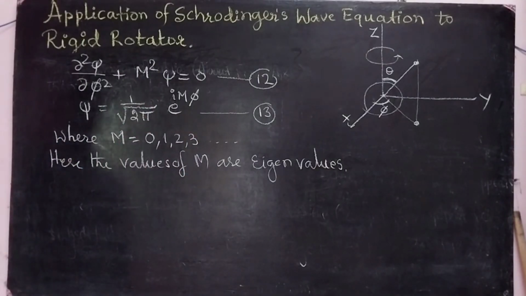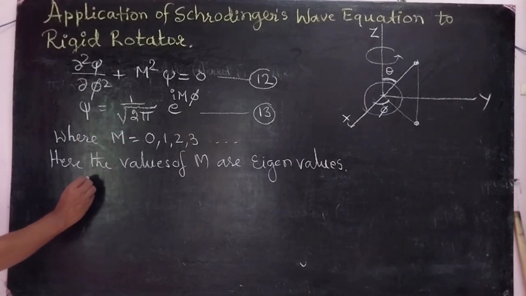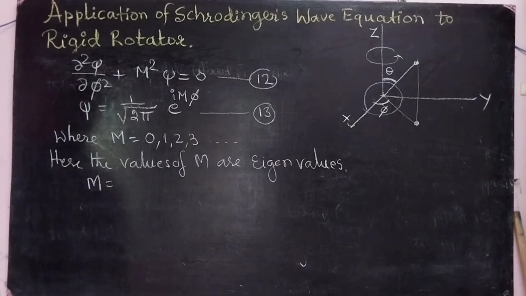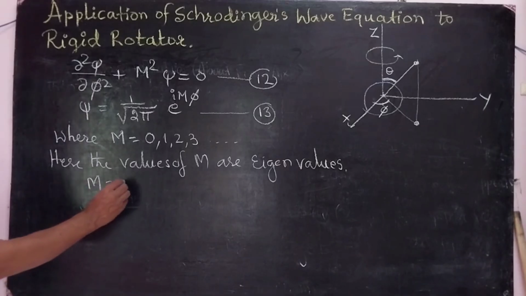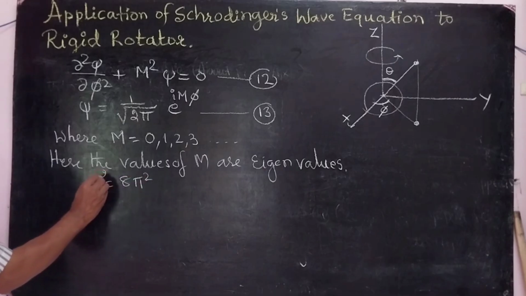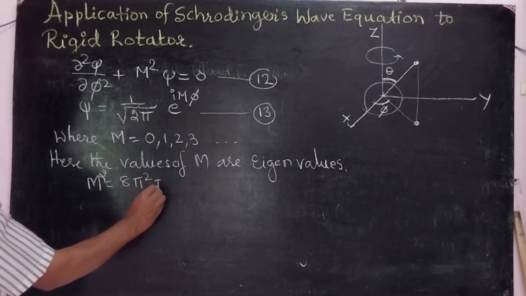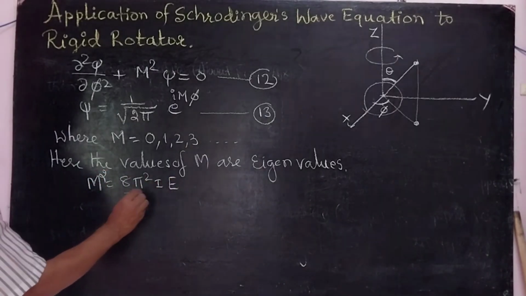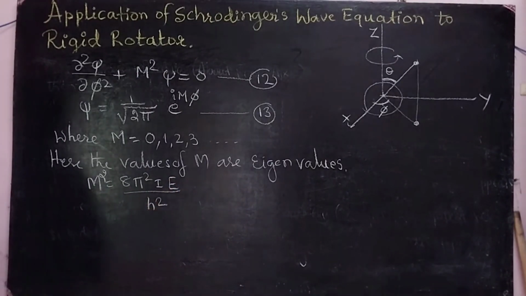The values of m are 0, 1, 2, 3, etc. are the eigenvalues. On the rearrangement of the above equation, we have substituted m square equal to 8 pi square I divided by h square.